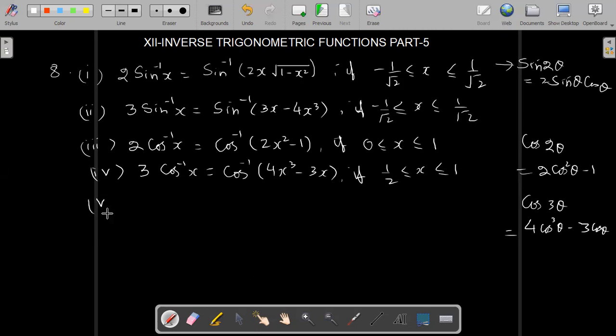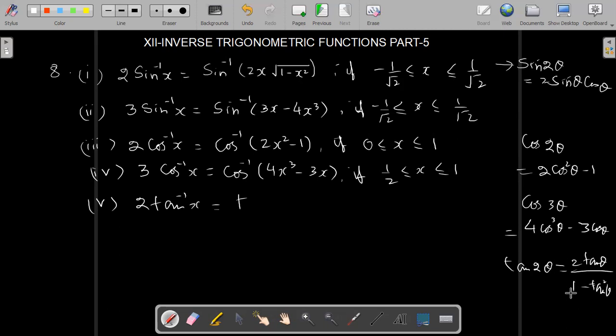Similarly, for tan, 2 tan inverse x is equal to tan inverse of tan 2 theta in terms of tan. Tan 2 theta in terms of tan can be written as 2 tan theta upon 1 minus tan square theta.